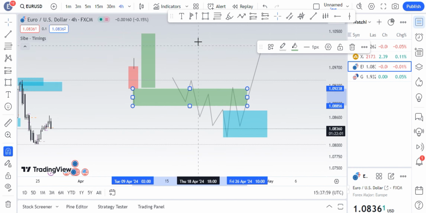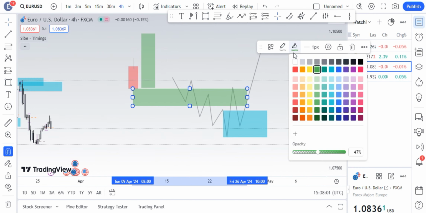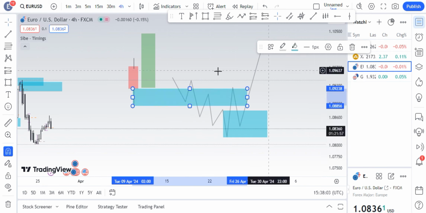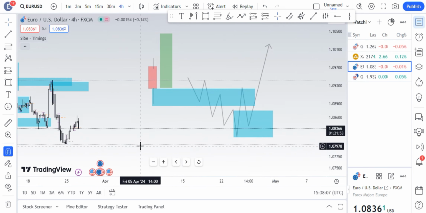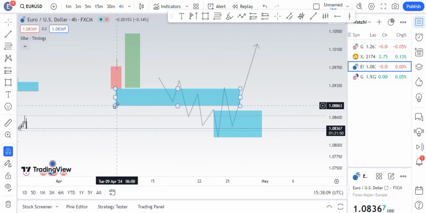Are we trying to make some sense out of whatever I'm trying to illustrate? So the true last downward push, on maybe a lower time frame, is going to be this little rush to the downside before price decides to push up.